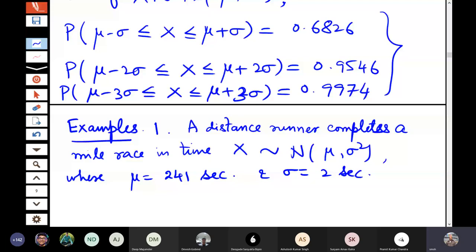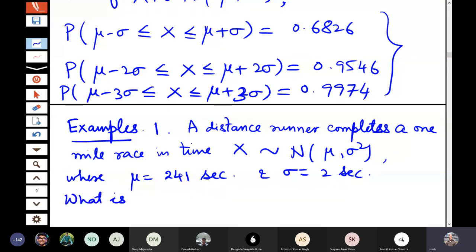A distance runner completes a race of 1 mile, and every time he runs, he will take different timings. Those timings have been modeled as a normal distribution with mean 241 seconds, that is 4 minutes 1 second, and standard deviation 2 seconds.